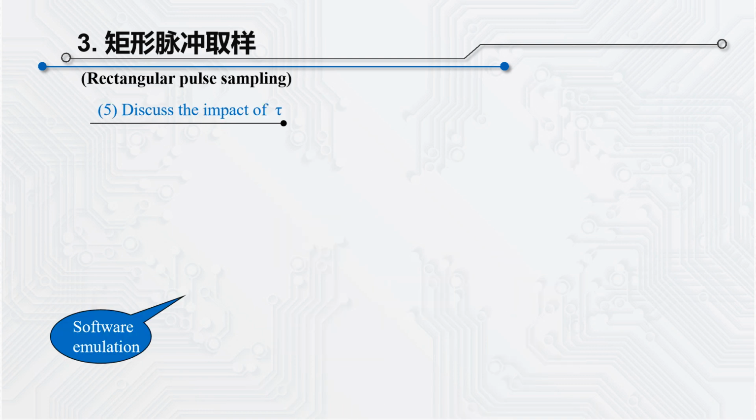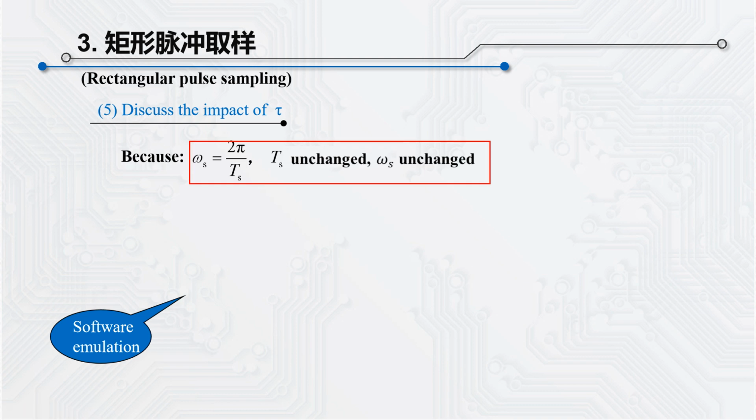Next, let's discuss the influence of the width tau of the rectangular pulse on the sampled signal. For rectangular pulse sampling, as long as omega s is unchanged, or its period Ts is unchanged, its position will not change when the corresponding spectrum is shifted.